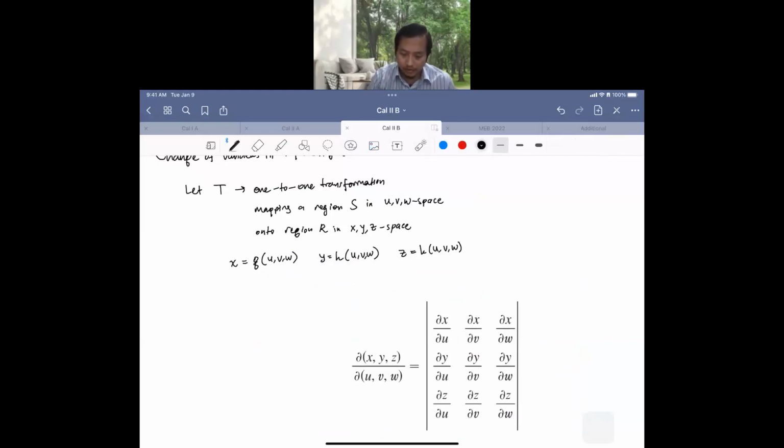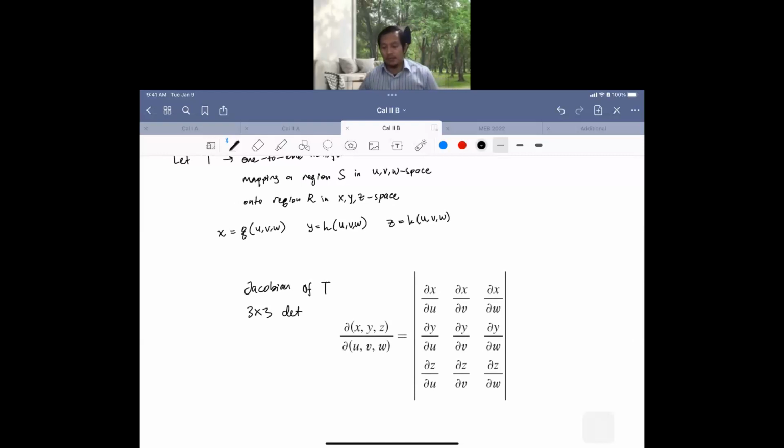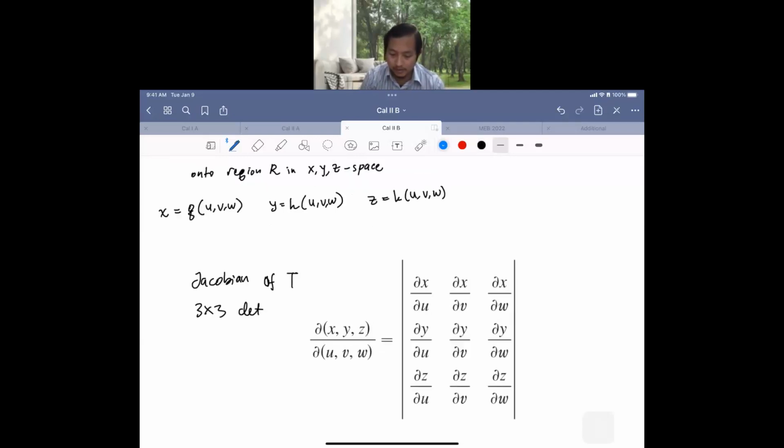So this is the Jacobian of the transformation, a 3 by 3 determinant, and it works with the same pattern that you have in the double integral. So you have ∂x/∂u, ∂x/∂v, ∂x/∂w; ∂y/∂u, ∂y/∂v, ∂y/∂w; ∂z/∂u, ∂z/∂v, ∂z/∂w. Same pattern.